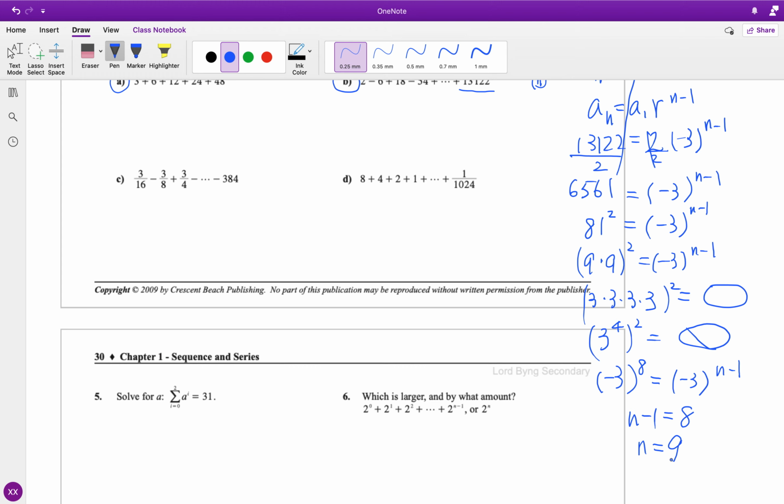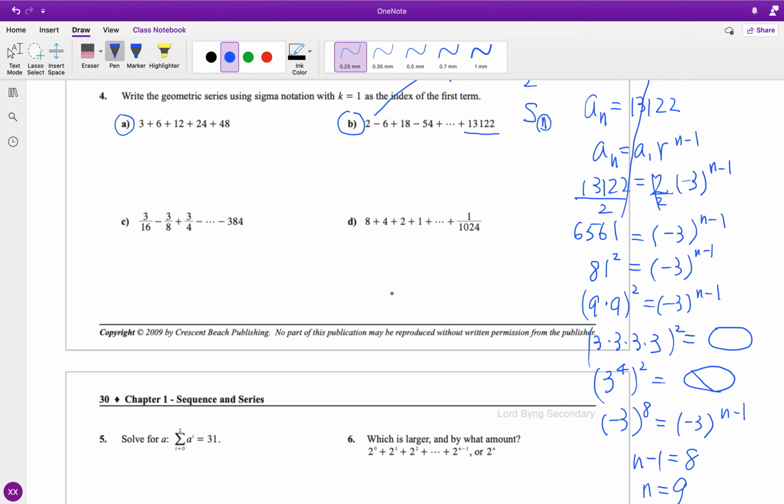All right? The only thing here is that when you write it into sigma notation, sigma notation, that is this, and it says k equals 1. That's the index of the first term. So k equals 1. And then over here, it is 2 multiplied by negative 3.